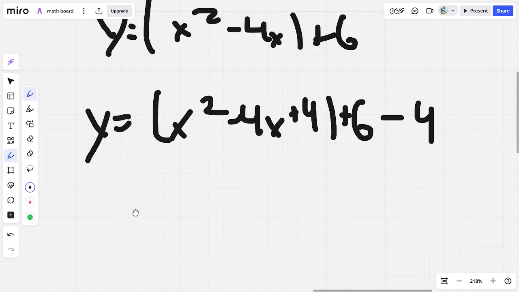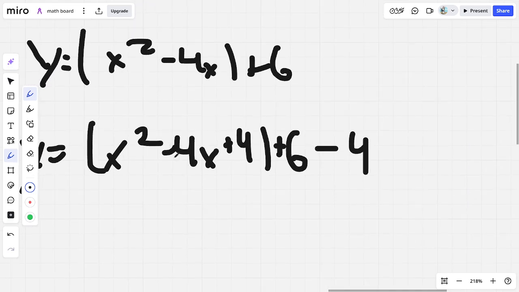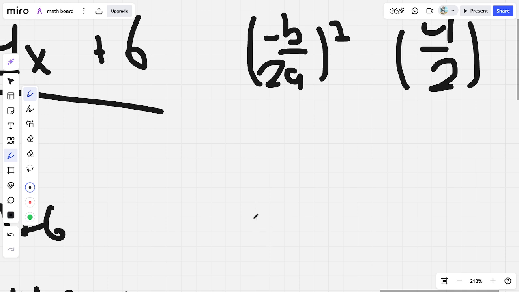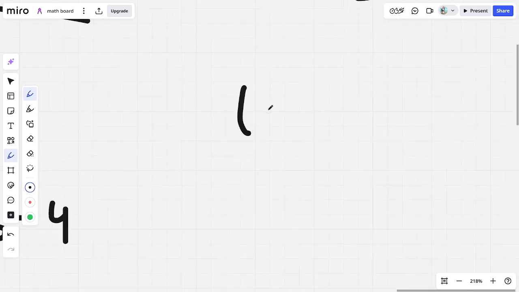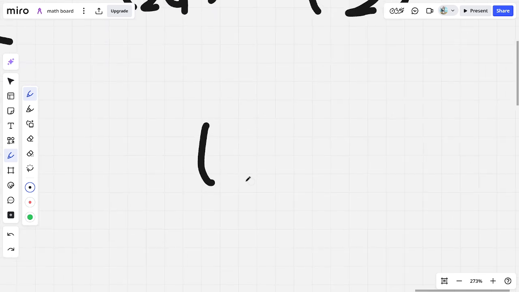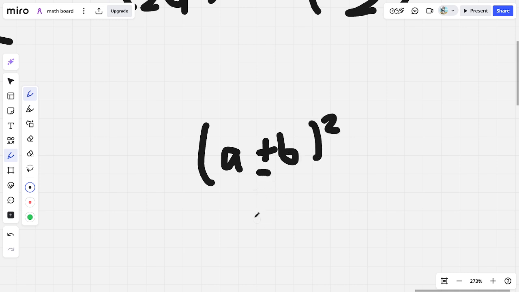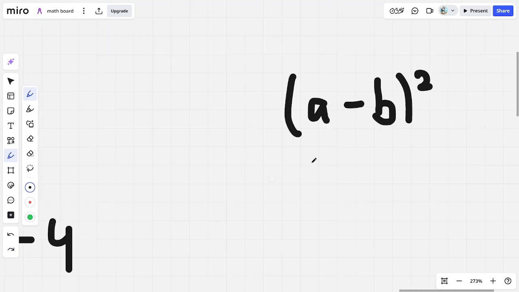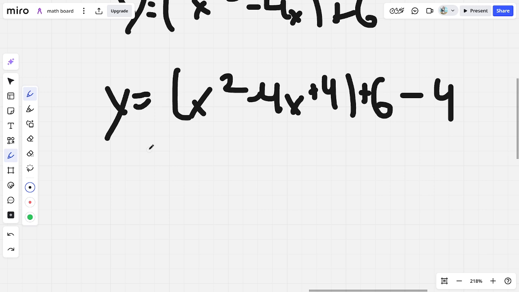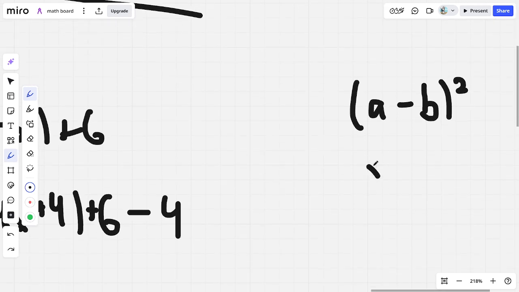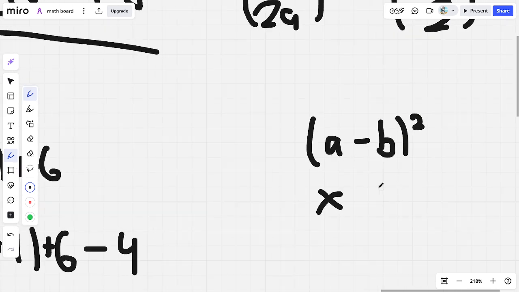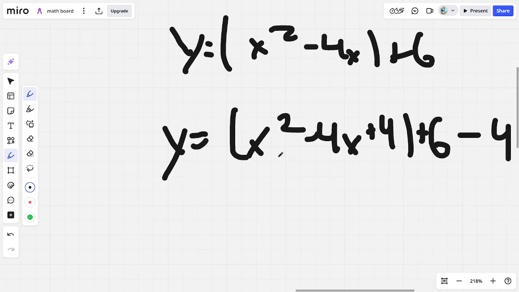Now, since this is negative, we need to use a minus b squared. So we take x, and it's just going to be x, and we take the square root of 4, it's just 2. So this is our perfect square.